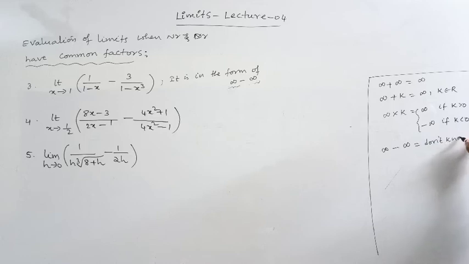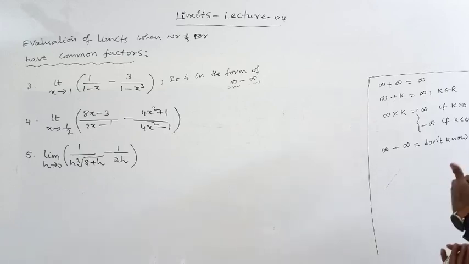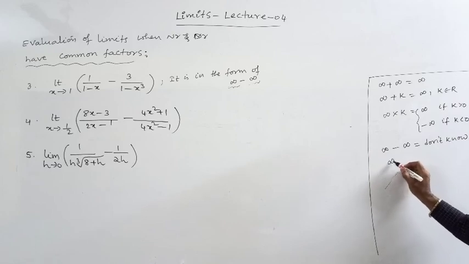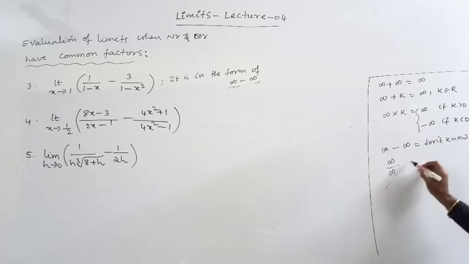We have to evaluate it. Infinity minus infinity, don't know. You have to evaluate it. There may be some finite value, or maybe you will get plus infinity, or sometimes you may get minus infinity, or sometimes you may get 0. We don't know what we will get. Like that, infinity by infinity, this also don't know.